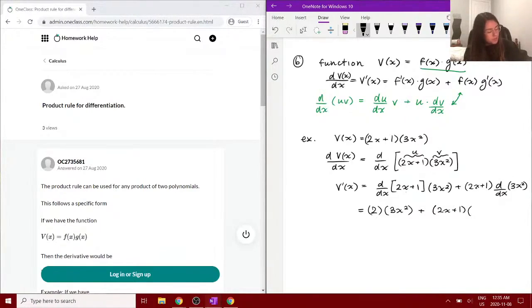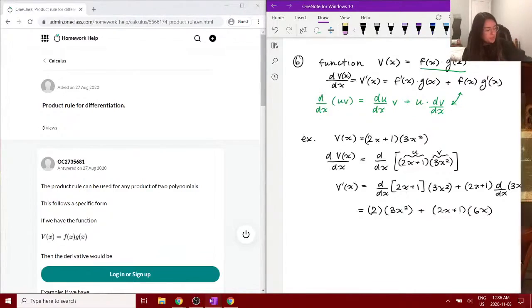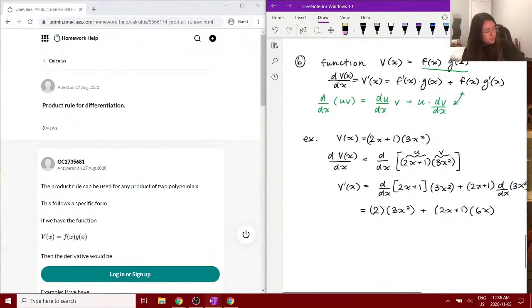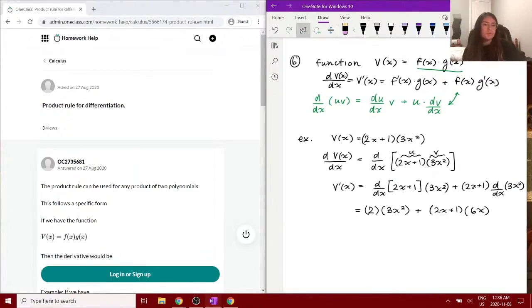The derivative of 3x squared is 6x. Remember, using the power rule, we multiply 3 times the exponent 2, which would give you 6, and then subtract 1 from the exponent. So instead of to the power of 2, it's now to the power of 1.